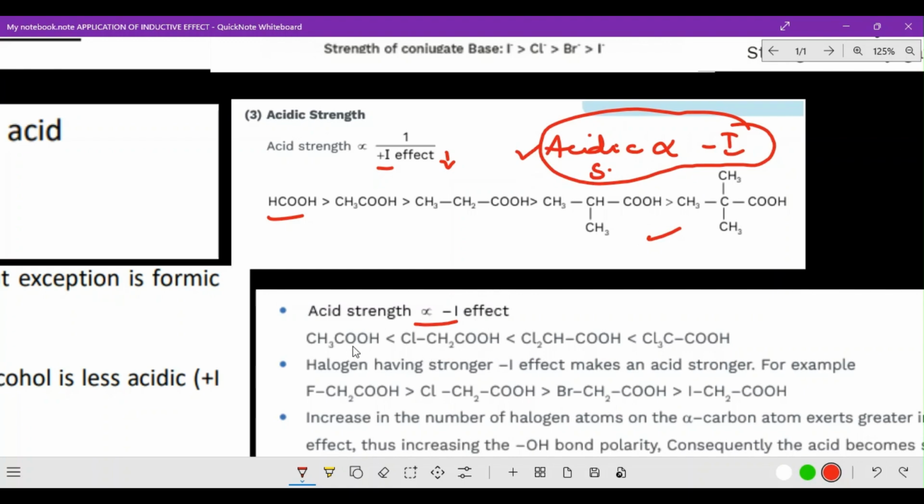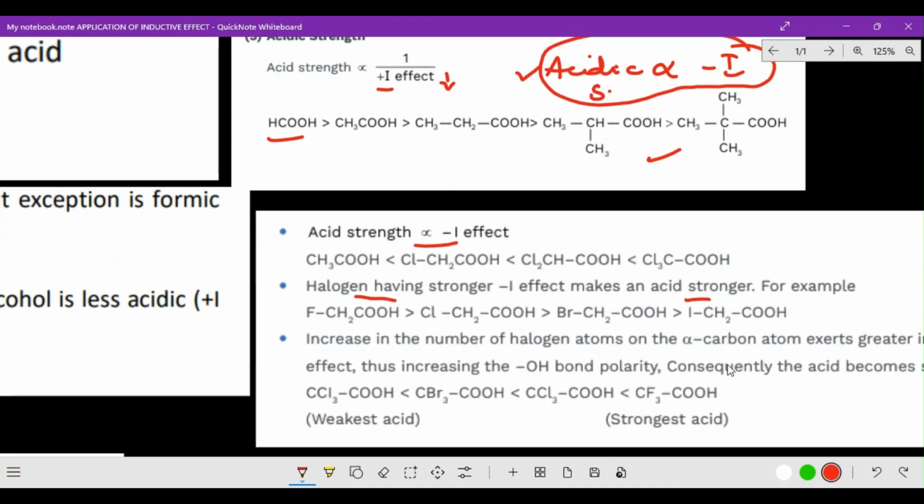So here acetic acid, chloroacetic acid, dichloroacetic acid, trichloroacetic acid. They mention very clearly that a halogen having a stronger minus I effect makes an acid stronger. So they have given the formula: FCH2COOH, ClCH2COOH, BrCH2COOH, ICH2COOH.